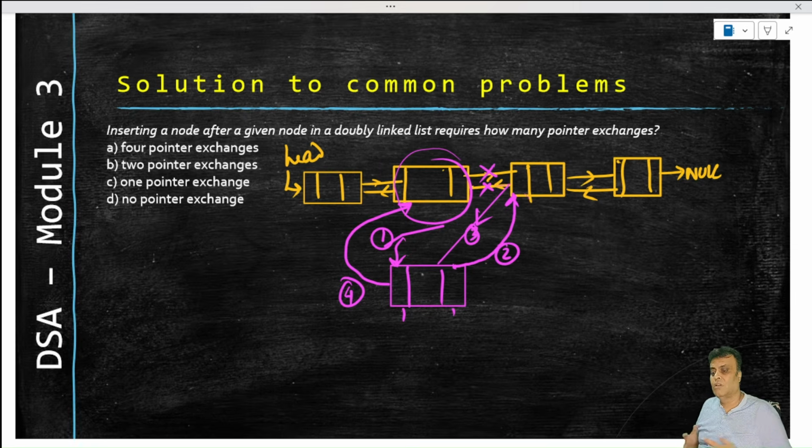Hence, we have a total of 4 pointers that need to be adjusted. So net, this pointer needs to be adjusted, this pointer needs to be adjusted, this pointer needs to be adjusted, and this pointer needs to be adjusted. That's what it means.